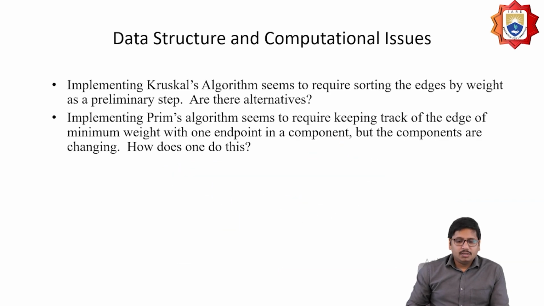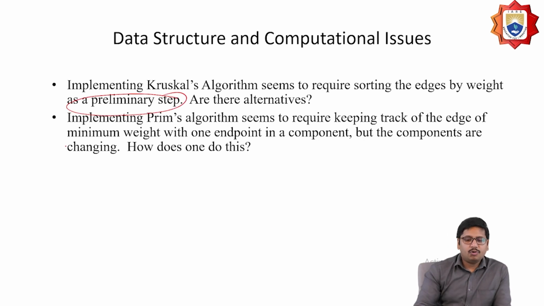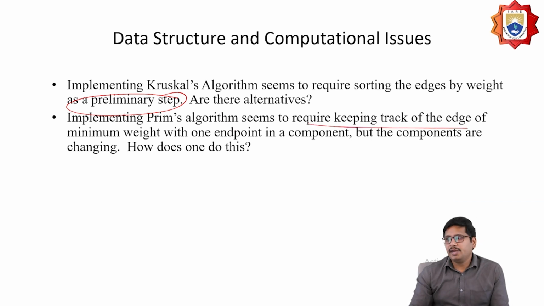And finally, the computational problem that is going to occur in Prim's and Kruskal's is that Kruskal's is going to require sorting the edges by weight as a preliminary step. So this is one of the drawbacks of Kruskal's algorithm. And similarly, for implementing Prim's algorithm, we keep on tracking the edges of minimum weight with one endpoint in the component, and the components are going to change.